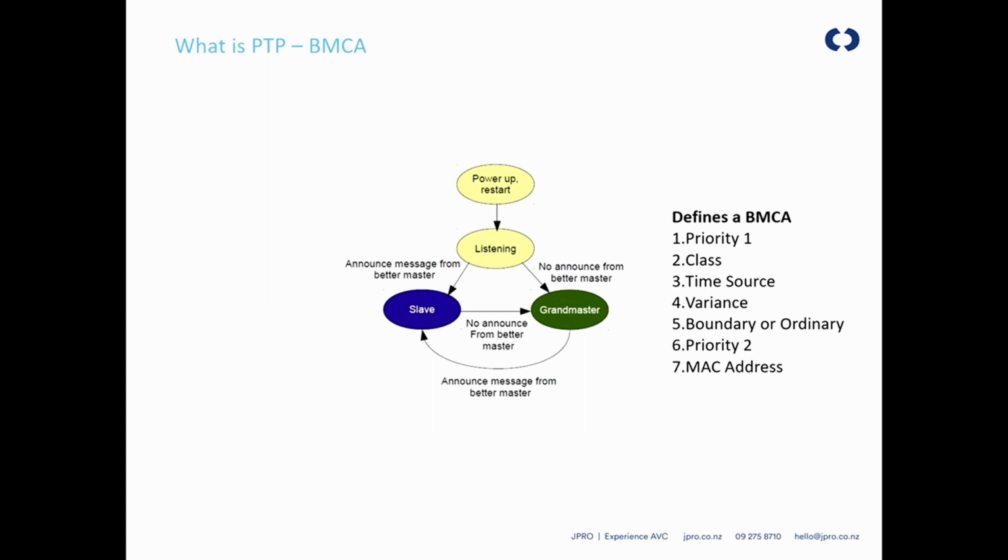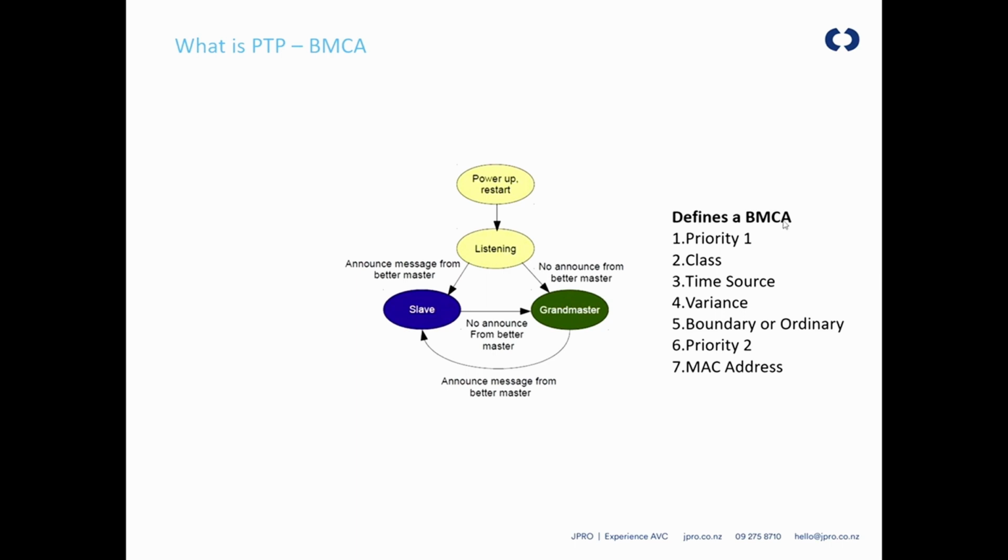Should I be listening to you? And if it doesn't get anything, it will elect itself as the master. Likewise, if it announces and the master says, hey, I'm the master, then it will switch to slave. This is basically how the communication of master and slave clocking systems works on the network within PTP.